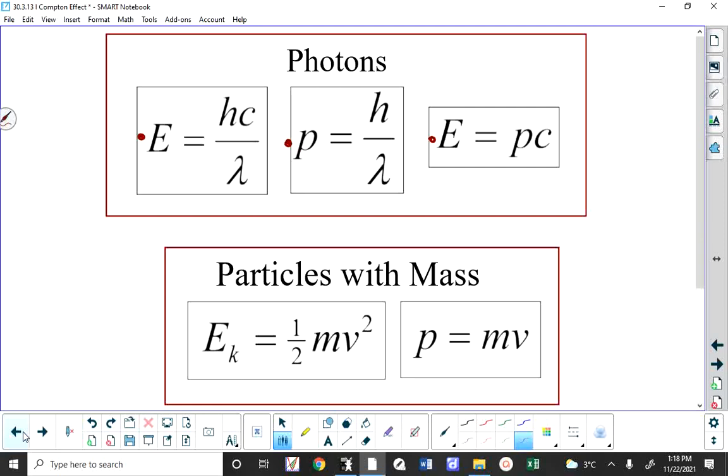What this means is, for a photon, if you know the energy, you can find the momentum and vice versa in one shot. If you knew the energy of a particle, you cannot use that energy directly to find the momentum of the particle. You would have to first solve for v and then use that to find momentum.